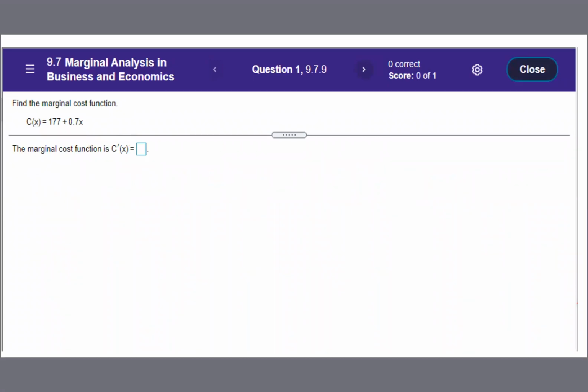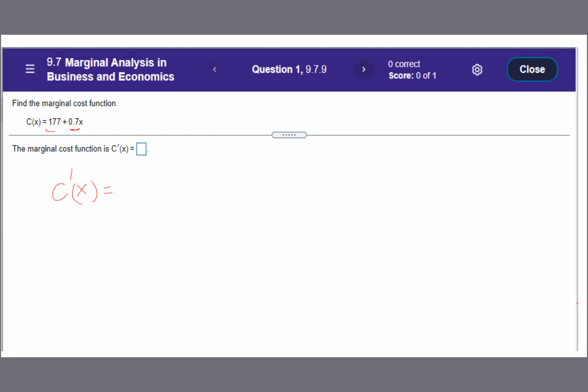The next example asks us to find the marginal cost function. Recall that the marginal cost function is actually the first derivative, c prime of x. In our case, c of x is 177 plus 0.7x, and the derivative of the sum of these two terms is the sum of the derivatives.